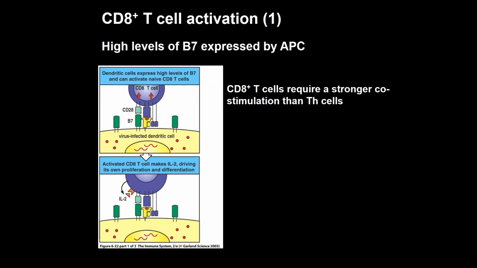So, one of the ways a CD8 cell can get activated is if the dendritic cell, or the antigen-presenting cell, expresses high levels of B7 on it.